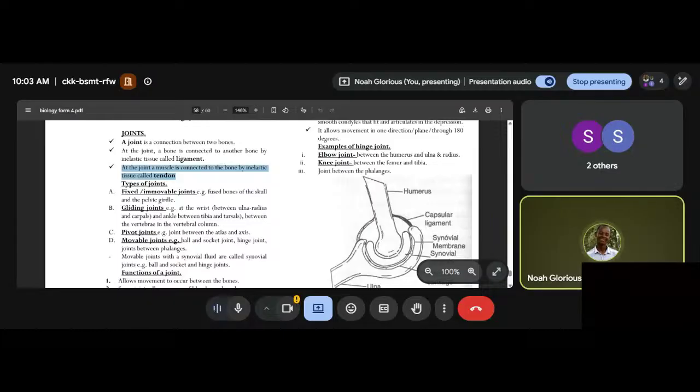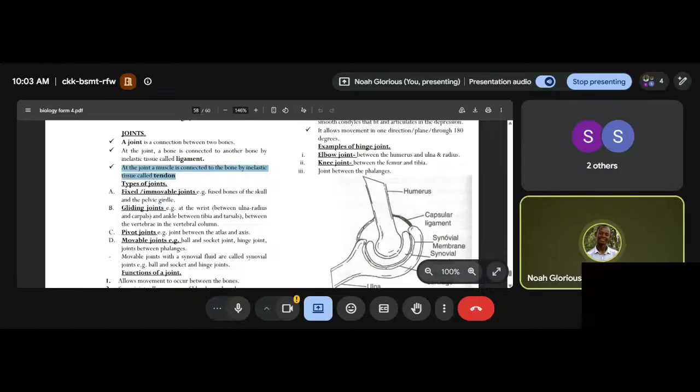A tendon is an inelastic tissue that joins bone to muscle, from one bone to muscle.